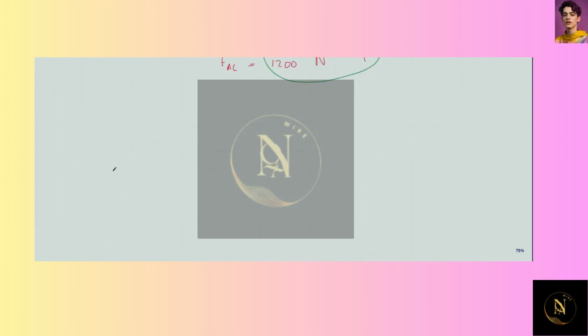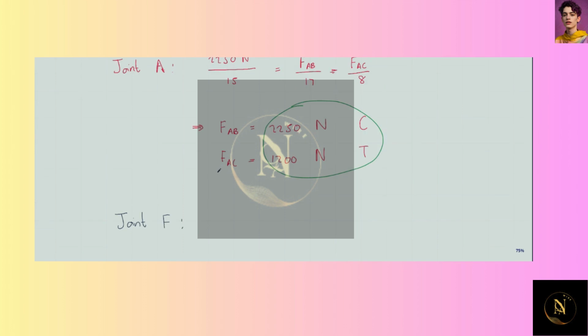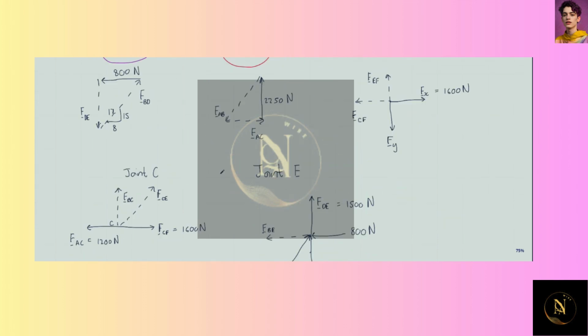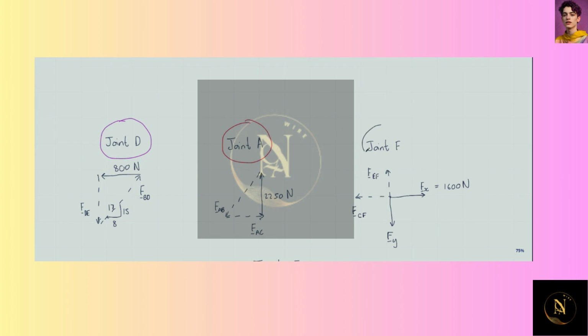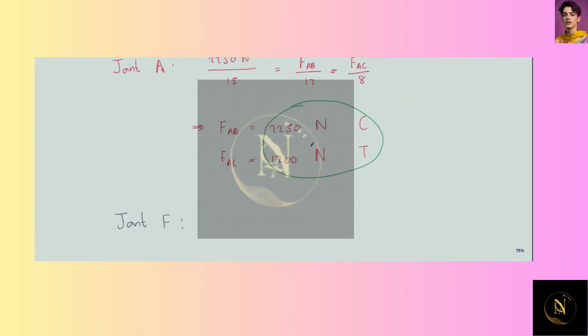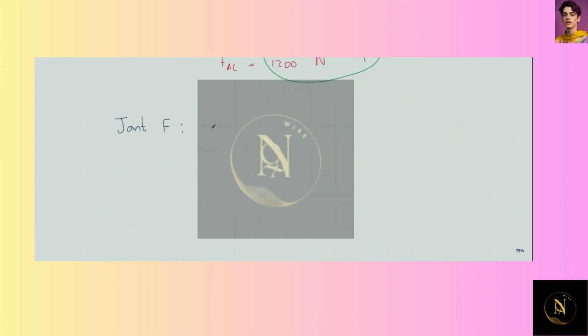Now let's look at joint F. We've drawn a free body diagram for joint F as well. From it, we first take the right direction as positive and sum the x components of all the forces.